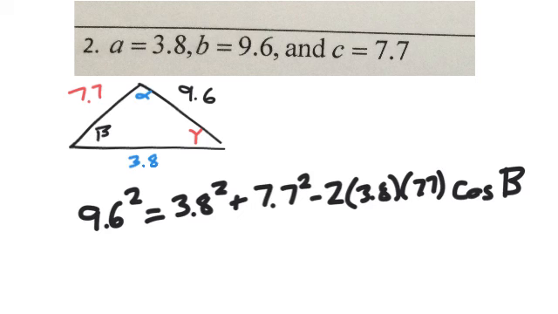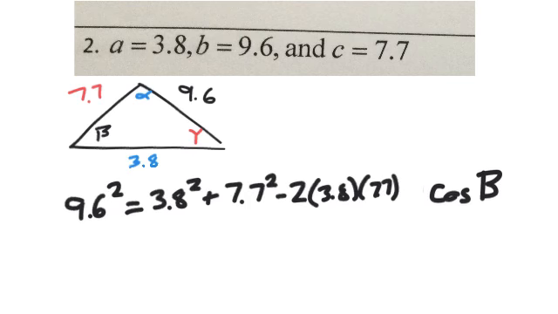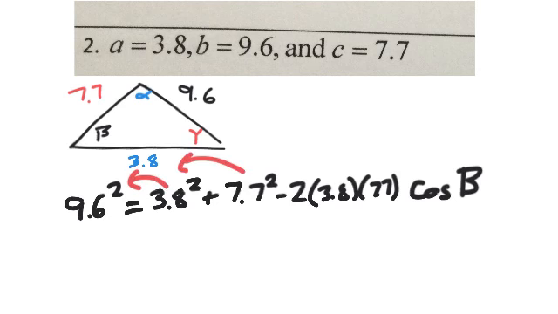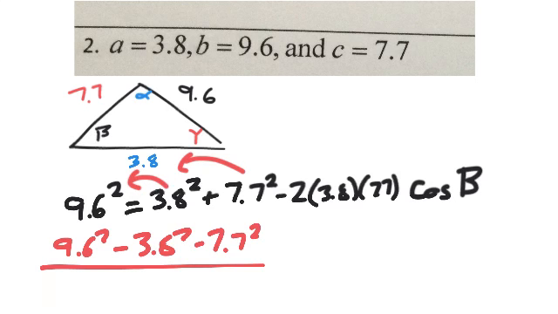Again, I'm going to do like I did last time. I'm going to do all my solving at one time and then put it in my calculator. So I'm going to move these over. I've got 9.6 squared minus 3.8 squared minus 7.7 squared, divided by negative 2 times 3.8 times 7.7, equal to cosine of beta.